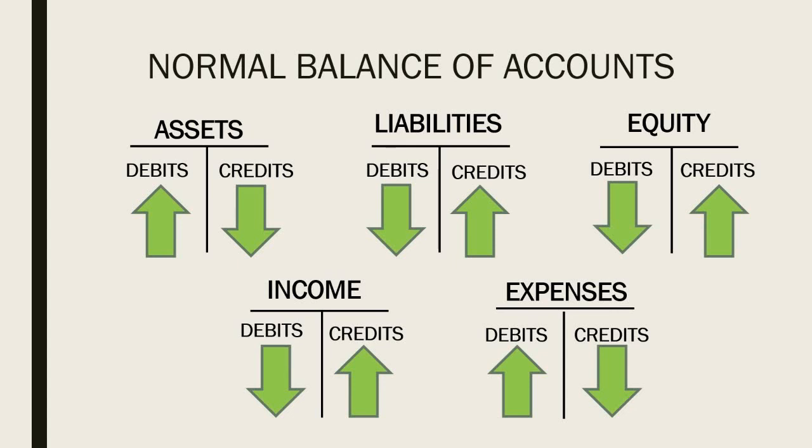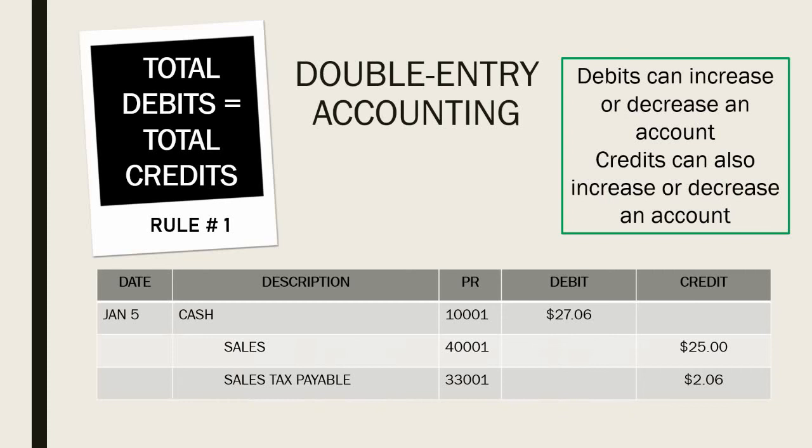All right. And this is how you utilize this normal balance, okay, also known as the accounting model. You use this in order for you to map out your actual journal. So again, you use the accounting model to map out where your debits and where your credits go, okay?